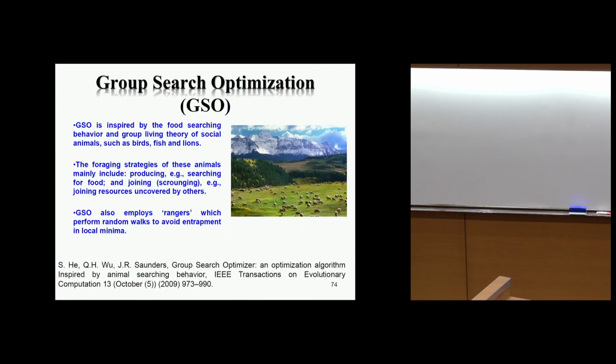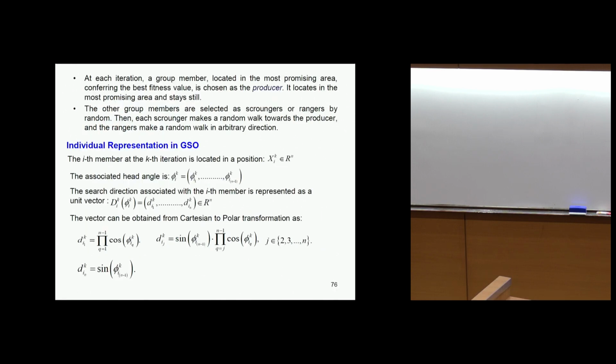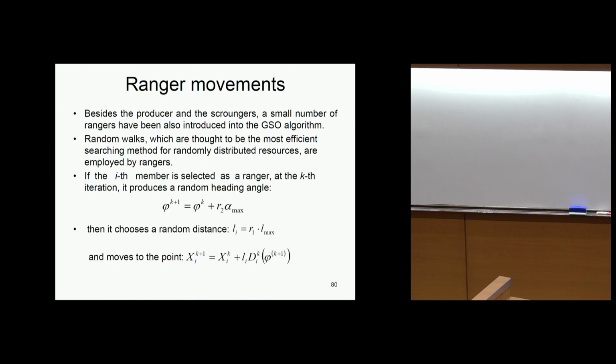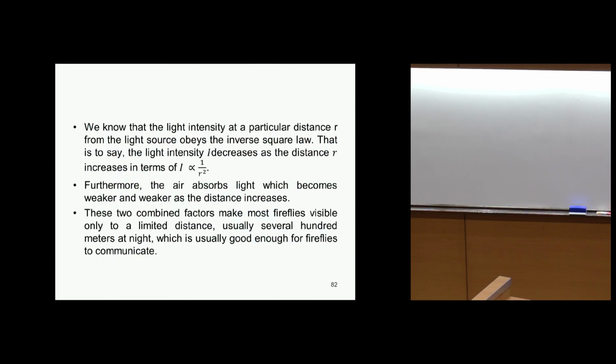Group search is about the hunting behavior of animals, how they hunt for food together and so on. Producers and rangers and all those names come from the animal kingdom. You have all the names anyway, lion, cat, swarm. The equations have the same problem anyway. Then fireflies.